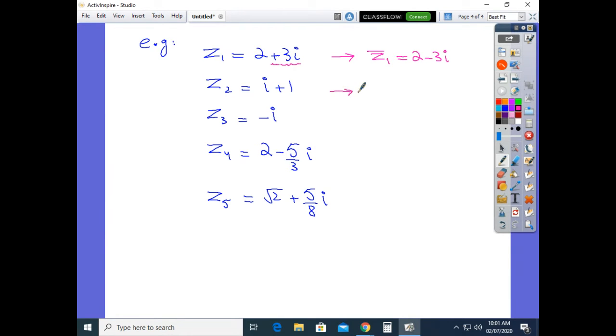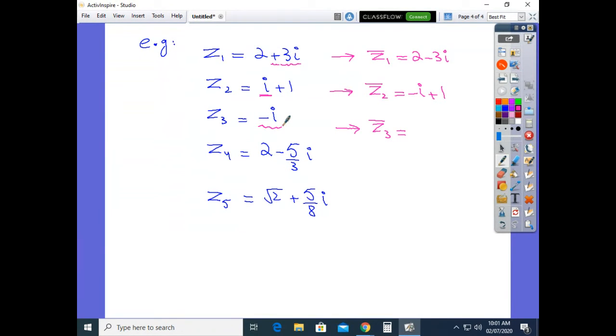In the second, z2 conjugate. In z2, if we change the sign of iota, here we see the first value is iota and the sign of iota is positive plus. Therefore, we change the sign of iota, it becomes negative, and 1 remains the same as positive. Now in the third example, z3 conjugate, here we see that iota contains the negative sign.